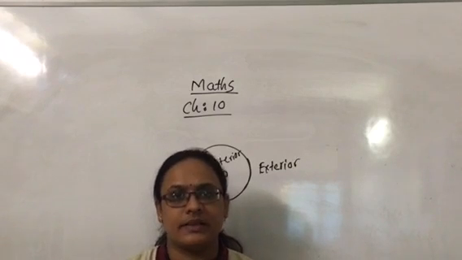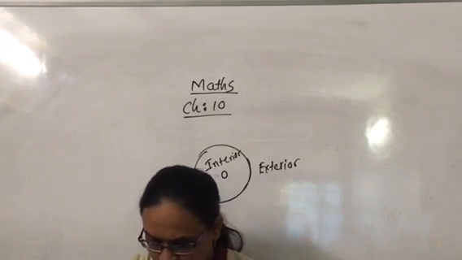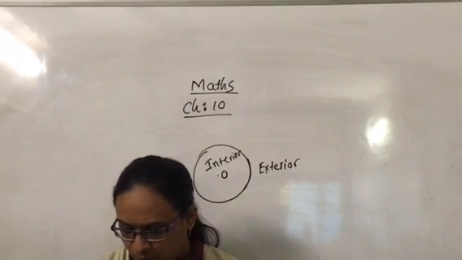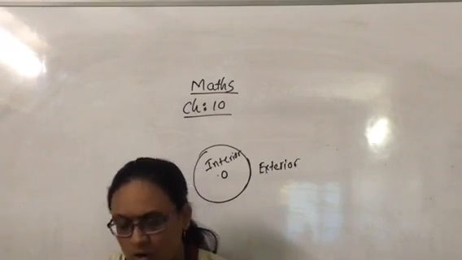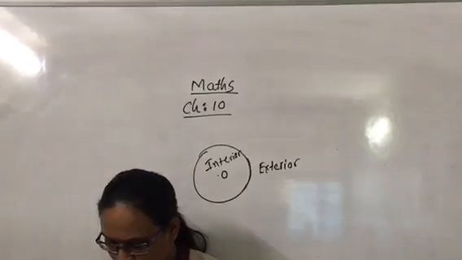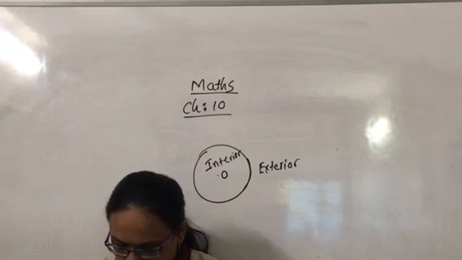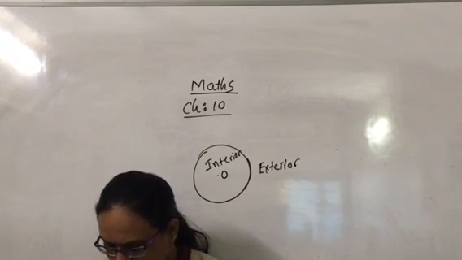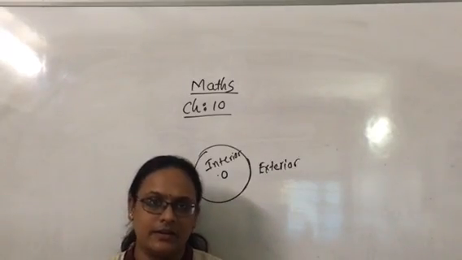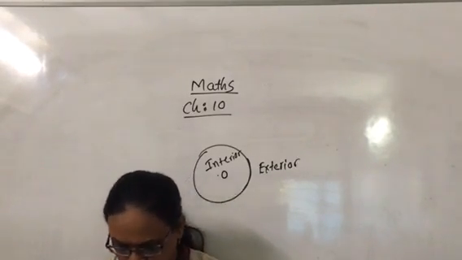Segment of a circle is the region between an arc and a chord of the circle. A segment is formed by an arc and a chord. A circle divides the plane on which it lies into 3 parts: interior, on and exterior.